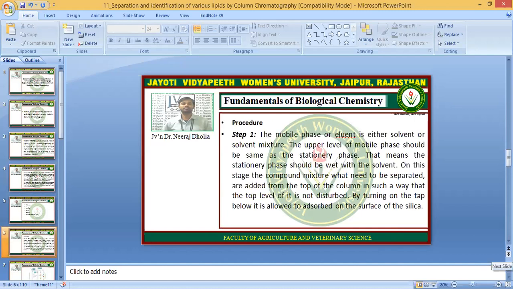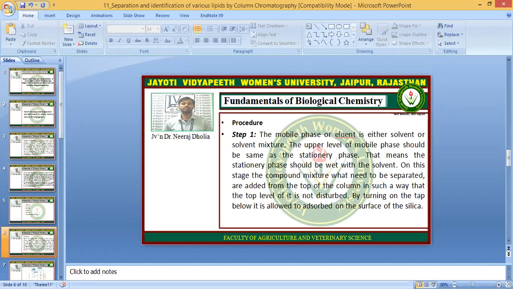So what is the procedure? In the first stage, the mobile phase or eluent is either a solvent or a solvent mixture. The upper level of the mobile phase should be the same as the stationary phase. So that means the stationary phase should be wet with the solvent.